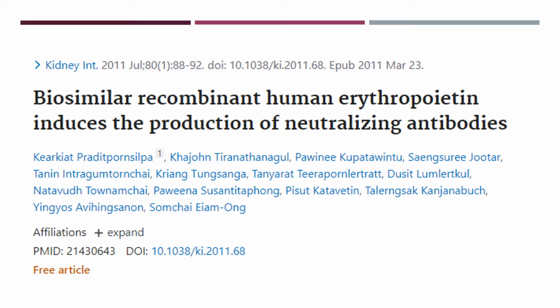Biosimilar versus originator. The biosimilar recombinant human erythropoietin induces the production of neutralizing antibodies. So one of the drawbacks of biosimilars, as well as other non-patent drugs, is that they can induce a lot of complications, especially in the erythropoiesis system.